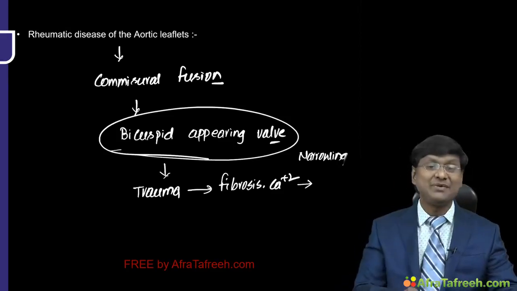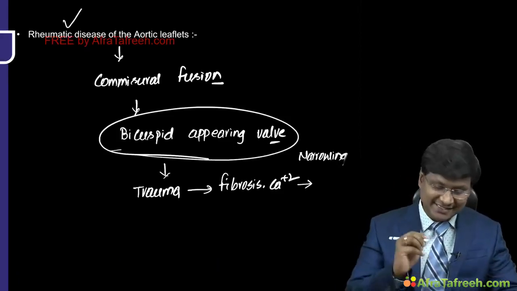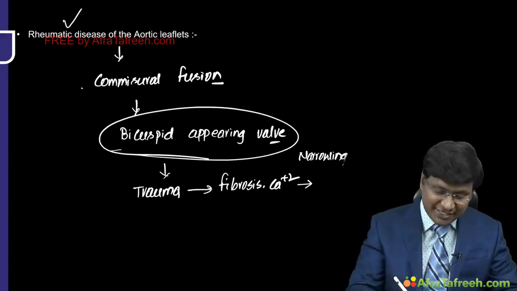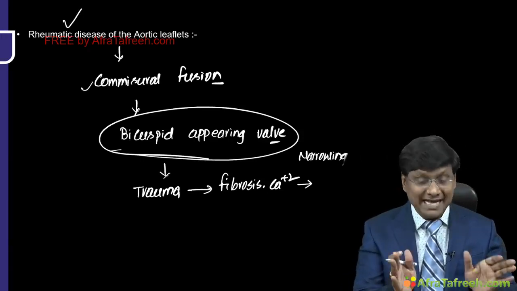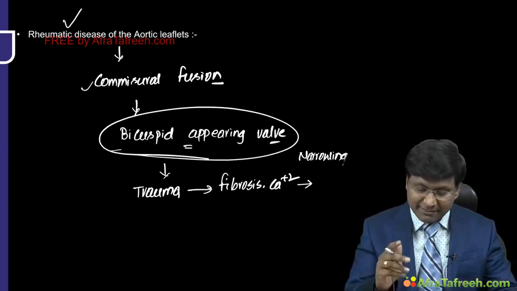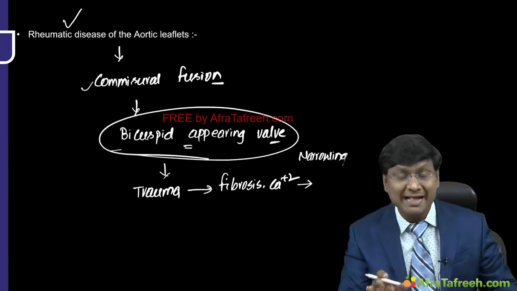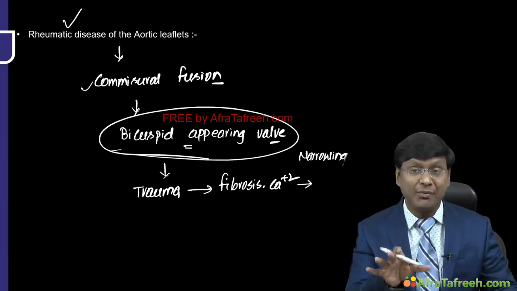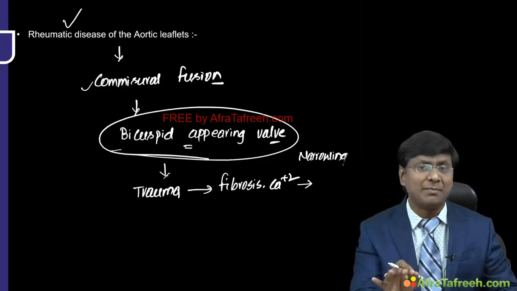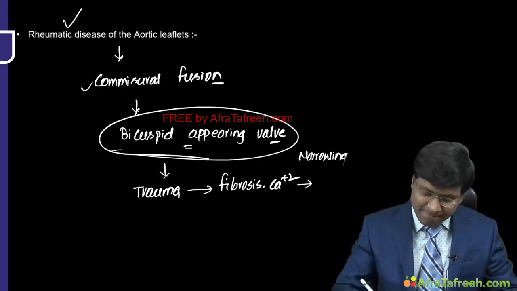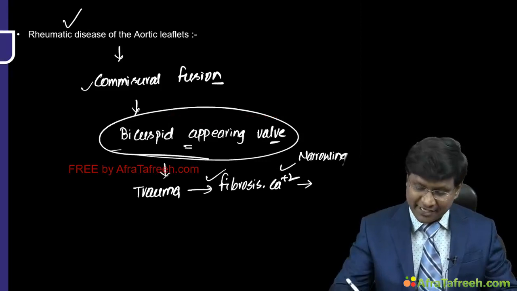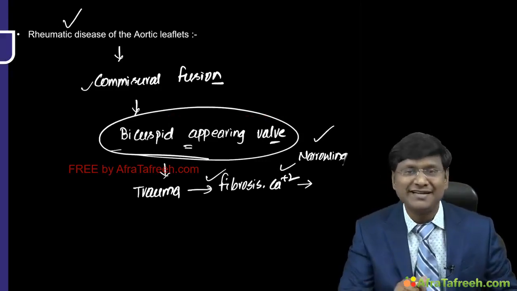So this will be the sequence of events in rheumatic disease. Initially it will be commissural fusion, giving the appearance of a bicuspid appearing valve, which is susceptible to trauma, and ultimately leads to fibrosis, calcification, and further narrowing.